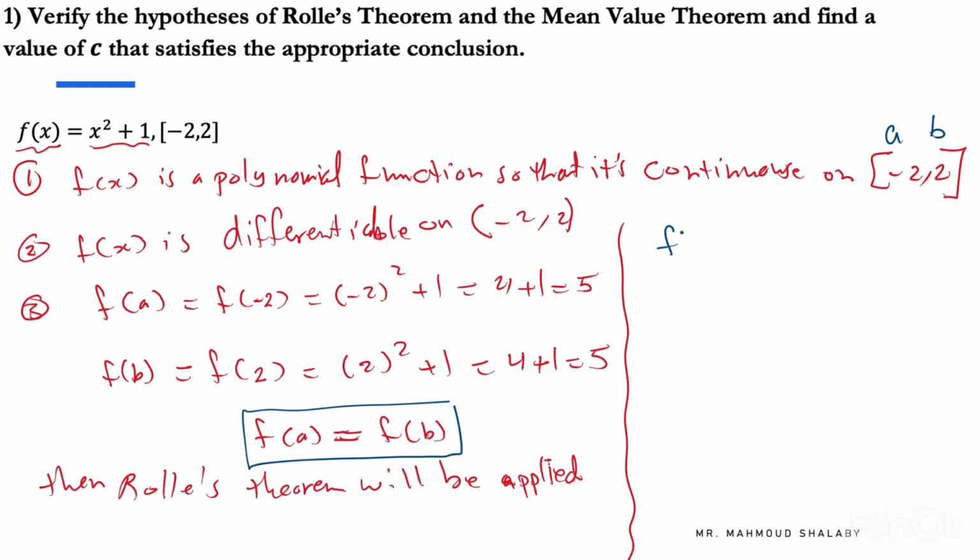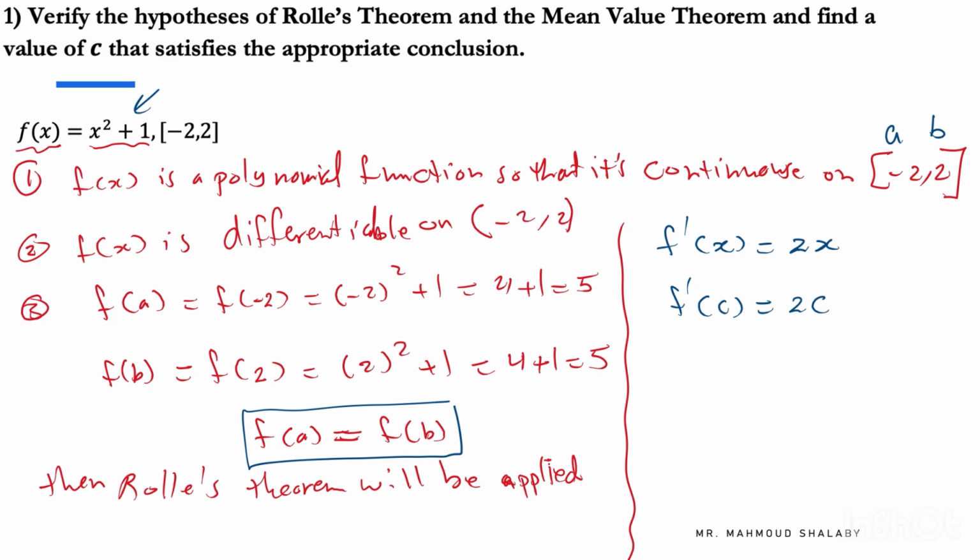So I will go to the derivative of the function f of x. It will be f prime of x. Now differentiate the function here. X to the power of 2 gives 2x, plus 1, which is a constant, so it's not going to be written. So this is the derivative of the function. Now I want to find f prime of c, which means replacing x by c in the function, it will be 2c.